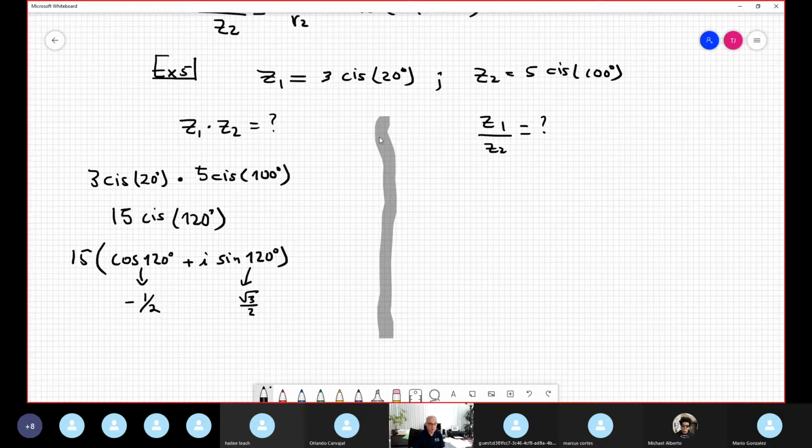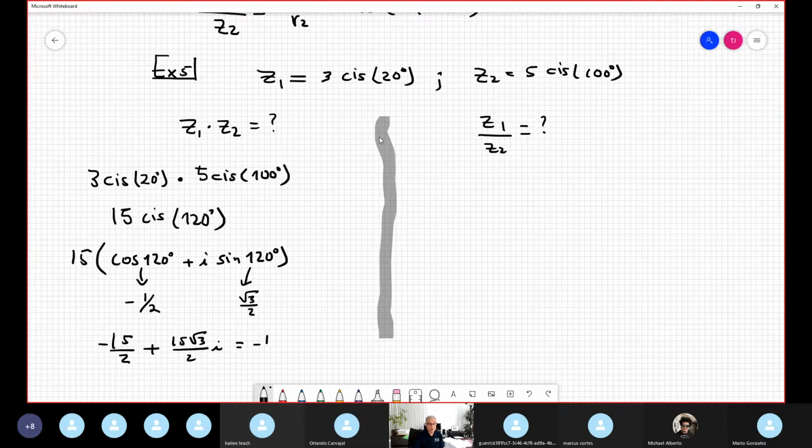Okay, so what is the final answer? Multiply by 15. Negative 15 over 2 is the real part, 15 times negative 1/2, plus 15 radical 3 over 2 i. Guys, the i, as always in Euclidean algebra, you put it here, but you can put it in front, either way.